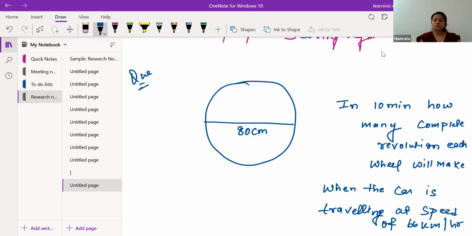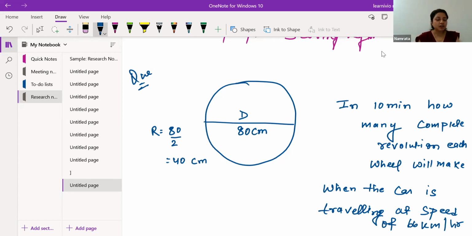Okay, so here this car's wheel diameter is given as 80. So we can say radius will be 80 by 2, that is 40 centimeter. I told you in the beginning that I start moving from one point and then return to that point. That means I am covering the circumference of the circle.